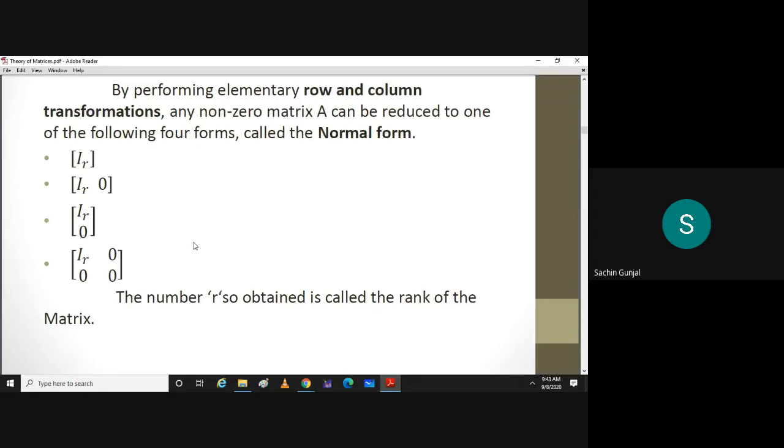In this case, this R is called the rank of that matrix. Don't worry, it will be more clear after an example, what exactly I mean by these notations.